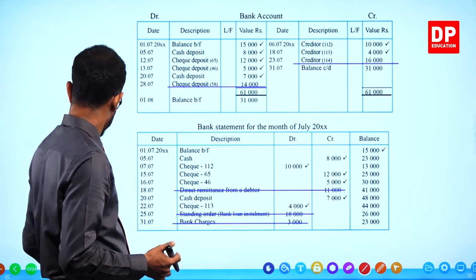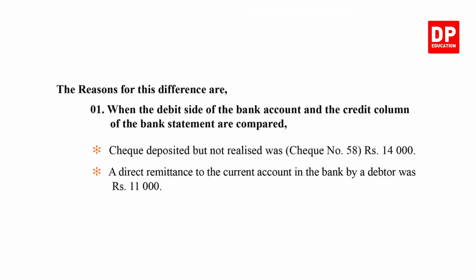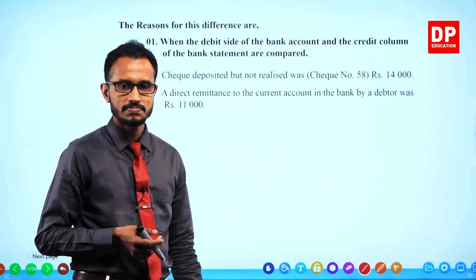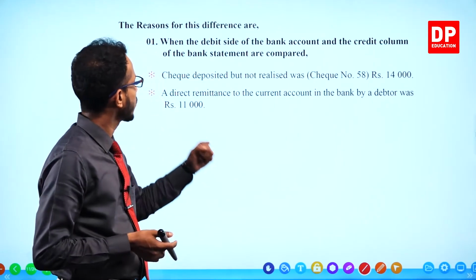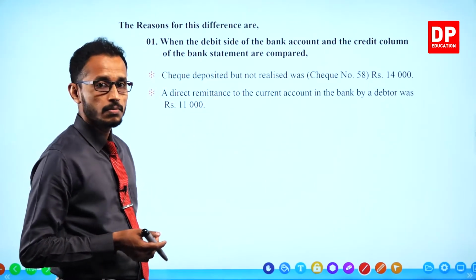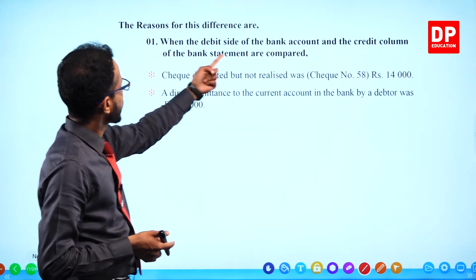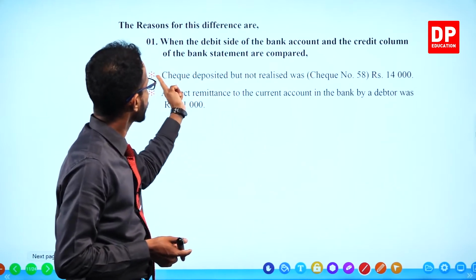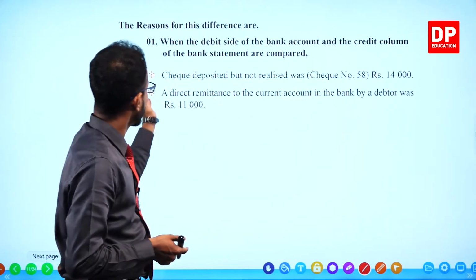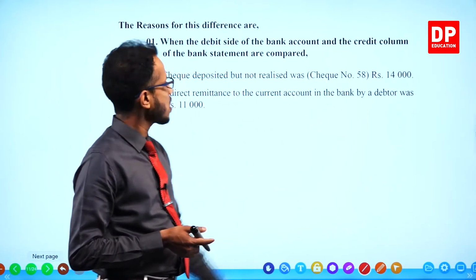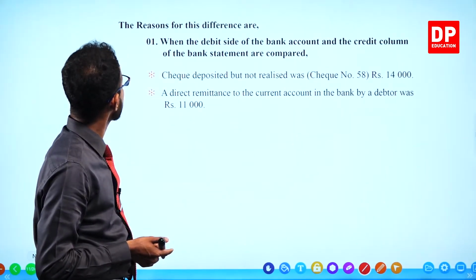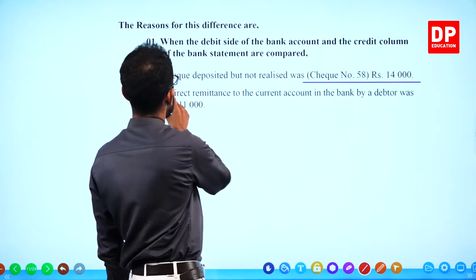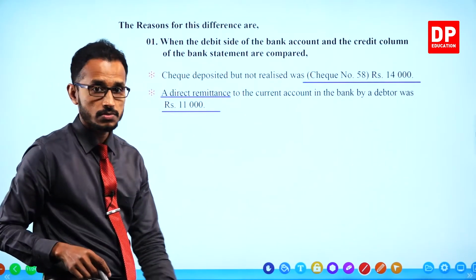Children, with this information, we can prepare the bank reconciliation statement. Shall we? When the debit side of the bank account and the credit side of the bank statement is compared, these items were found. This one and the direct remittance of 11,000.